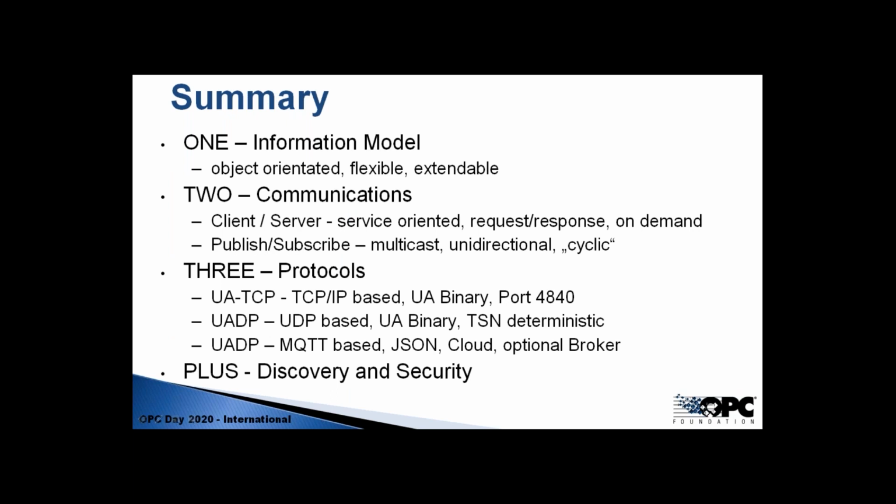The information model is object-oriented, flexible, and extendable. We have the client server and the pub sub, and for the protocol we have the TCP based, we have UDP based, but we can also run over MQTT with JSON encoded for the cloud, and we can optionally also use brokers. And in addition, we have the discovery and the security features of OPC.